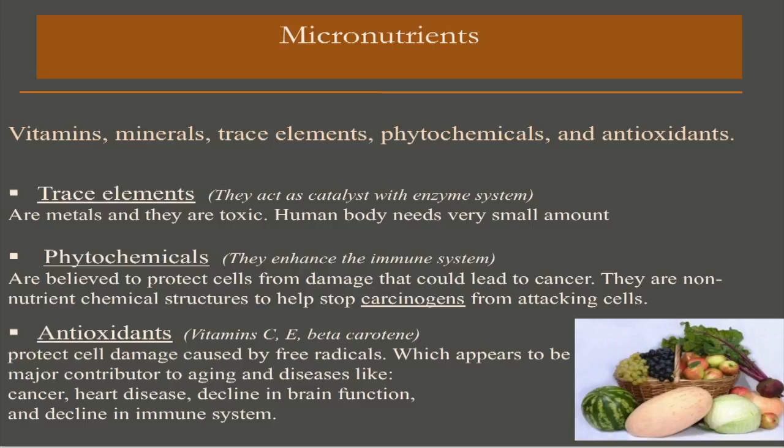Antioxidants such as vitamin C, E, and beta-carotene protect from cell damage caused by free radicals, which appear to be a major contributor to aging and diseases like cancer, heart disease, decline in brain function, and decline in immune system.